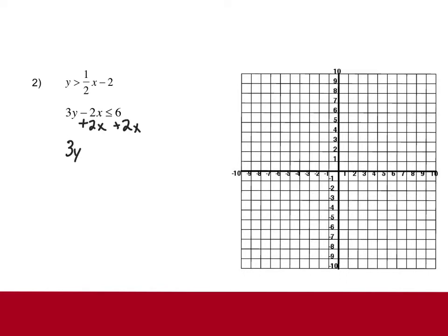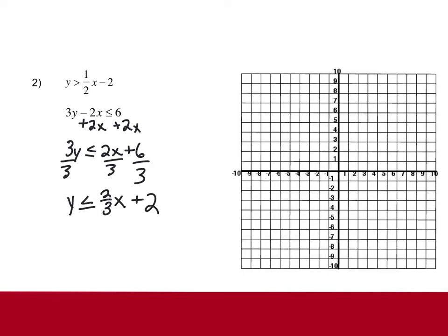So 3y is less than or equal to 2x plus 6. And now I need to divide everything by 3. y is less than or equal to 2/3 x plus 2.